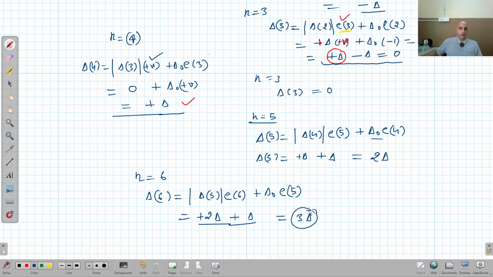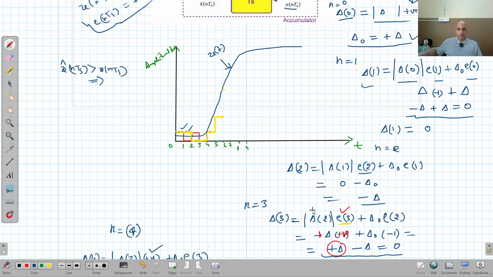This is very, very important. So at n is equal to 6, you can see from here, right, that we have a 1 2 step and a 3 step. Similarly, when you arrive at n is equal to 7, you will get 4 delta.